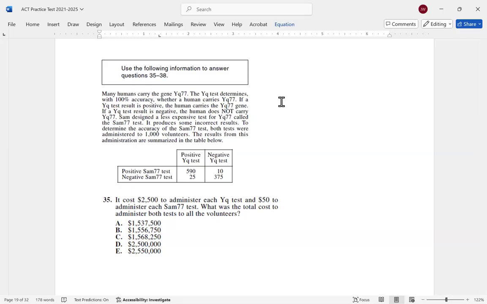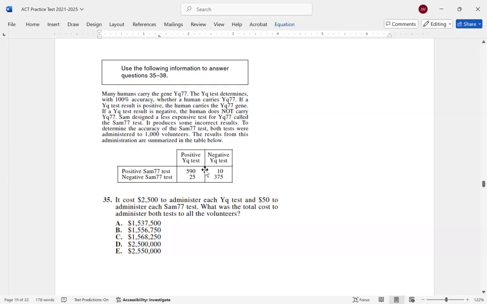If the YQ test is negative, the human does not carry the gene. Sam designed a less expensive test for YQ77 called the SAM77 test. It produces some incorrect results. To determine the accuracy of the SAM77 test, both tests were administered to 1,000 volunteers. The results from this administration are summarized in the table below.